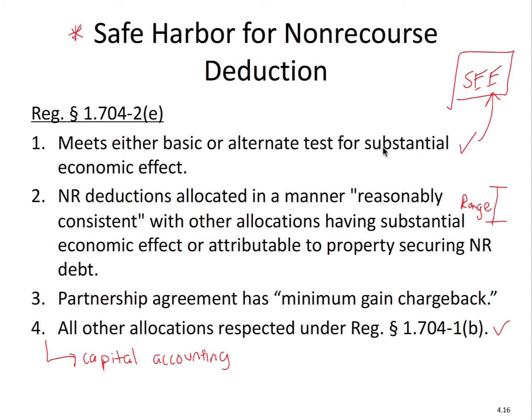So, for example, let's say that the non-recourse deductions are supposed to be allocated 50-50, but all other items of income, deduction, and loss other than non-recourse deductions will be allocated 90% to, let's say, a limited partner and 10% to the general partner until the first time that income and gain exceed losses taken in prior years.